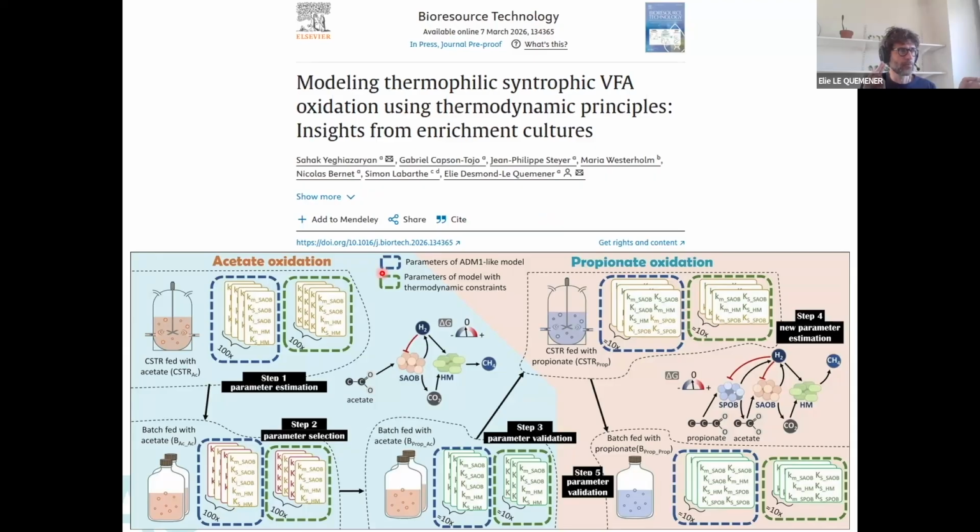And we compare how the thermodynamic function behaves in comparison with the classic function. And we show that the advantage of the thermodynamic function is that it removes one of the parameters of the model, so it's better because you have a simpler model and it represents well what is happening in the system.